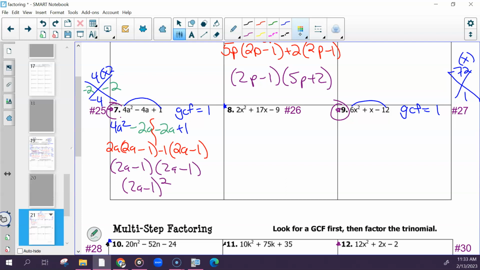That gives you 72. I think 8 and 7. Oh, 8 and 9. There we go. And then, which one's negative? The 8. Yep.